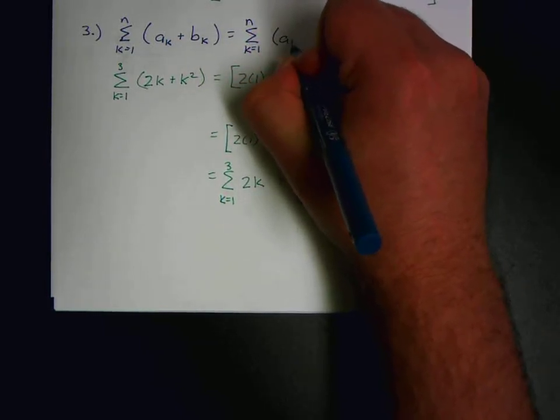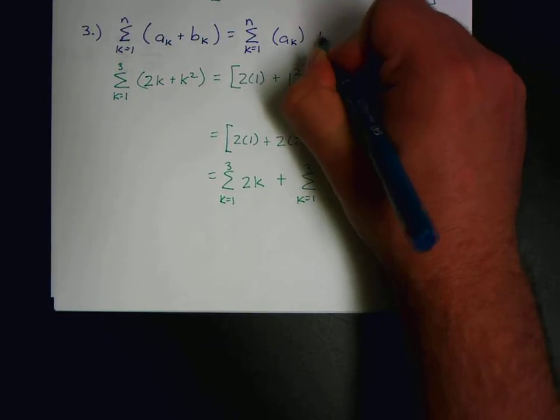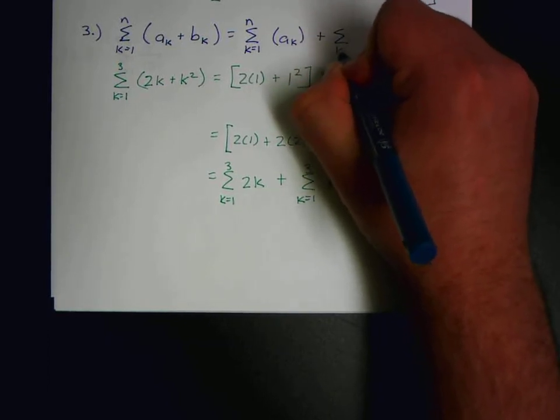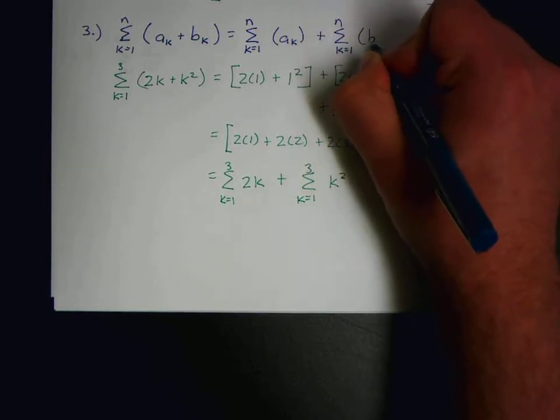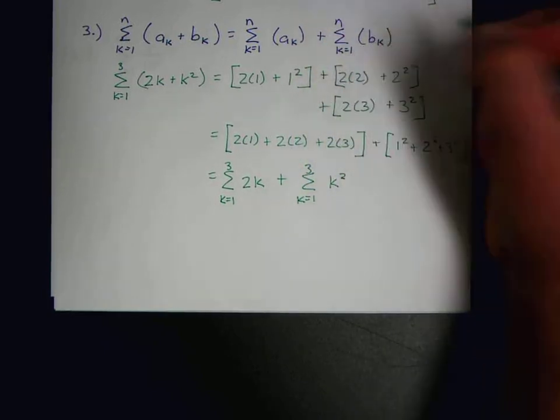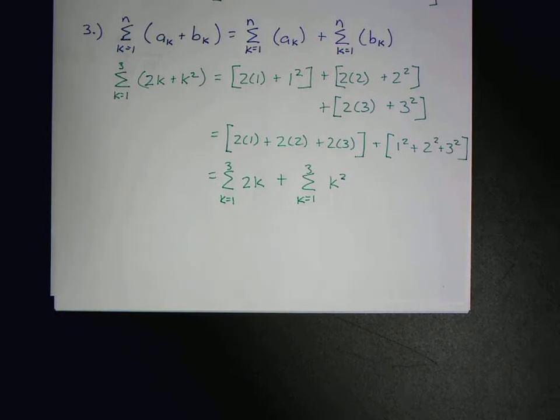So what this rule says, and again, this is just your associative rule with addition. Since it's all addition, and that's all the summation sign means, I can move my addition around however I want to. So I can regroup my additions so that all the A's are added together and all the B's are added together. And then I can put the addition sign in between.